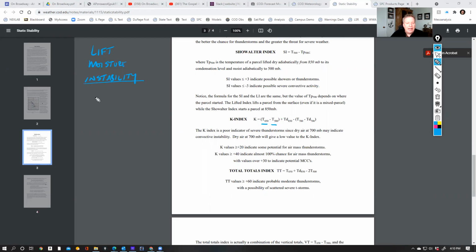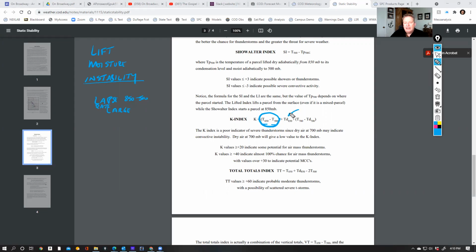That is the lapse rate from 850 to 500 millibars, and I want that to be large. That's the environment cooling quickly. The lapse rate is the rate of cooling. So if I get this number large, then I'm going to have a high K index.